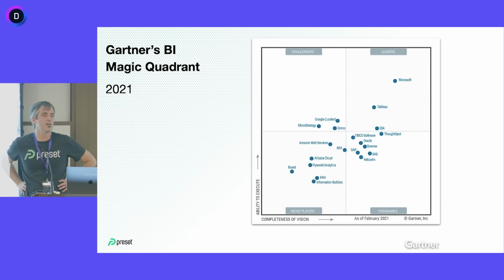Especially in the light of the modern data stack, where we're trying to delaminate and have a collection of tools that are really good at a set of things and are loosely coupled and work well together.